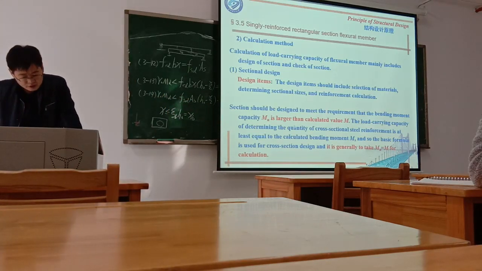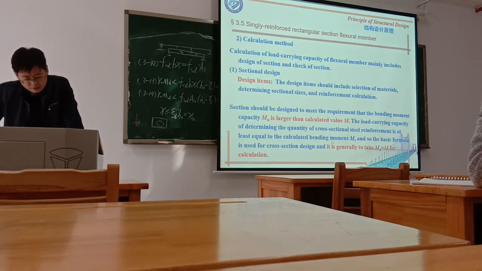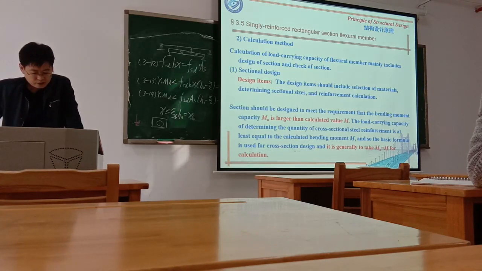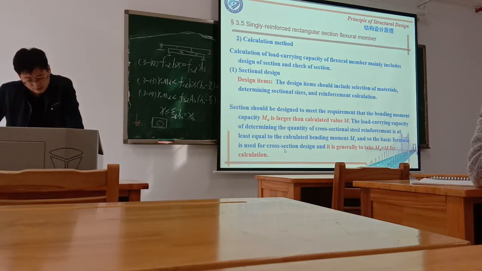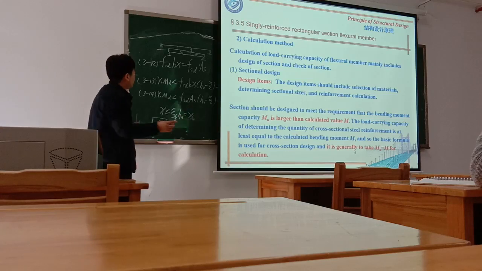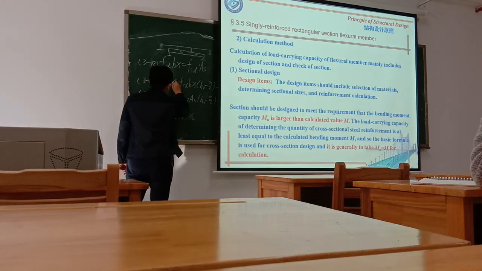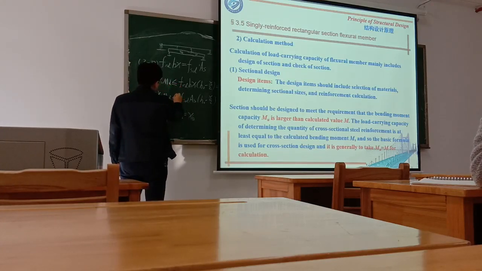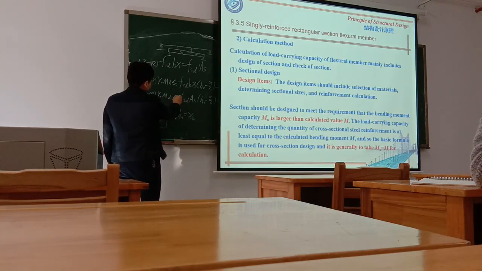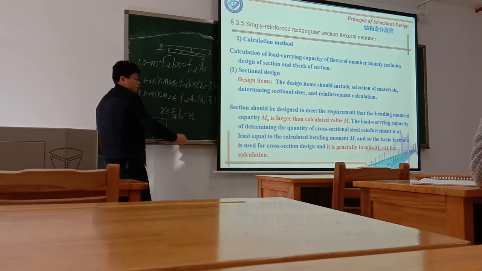The load carrying capacity will determine the quantity of steel reinforcement, which is at least equal to the calculated bending moment, and so the basic formula is used for cross-section design. Because here we use smaller or equal, when we design, the basic thing is you can use equal.